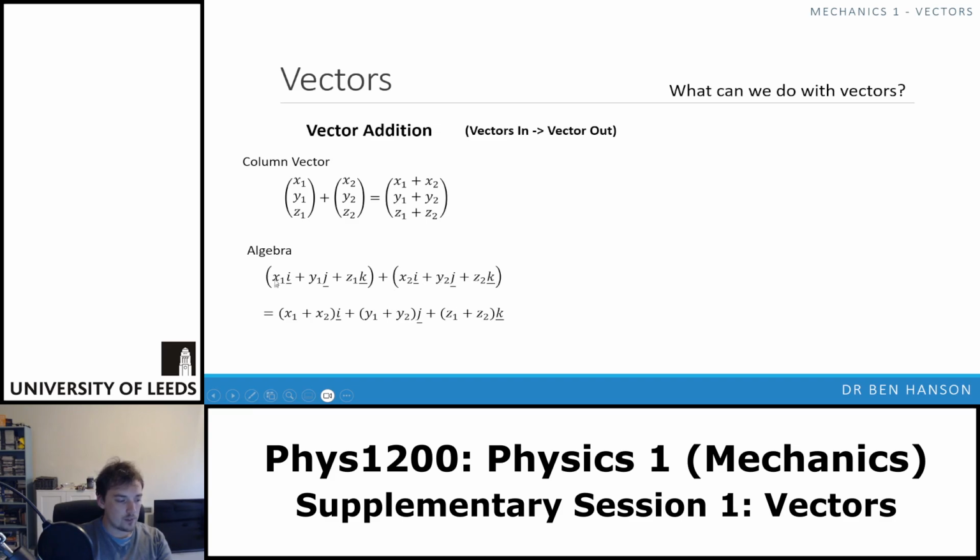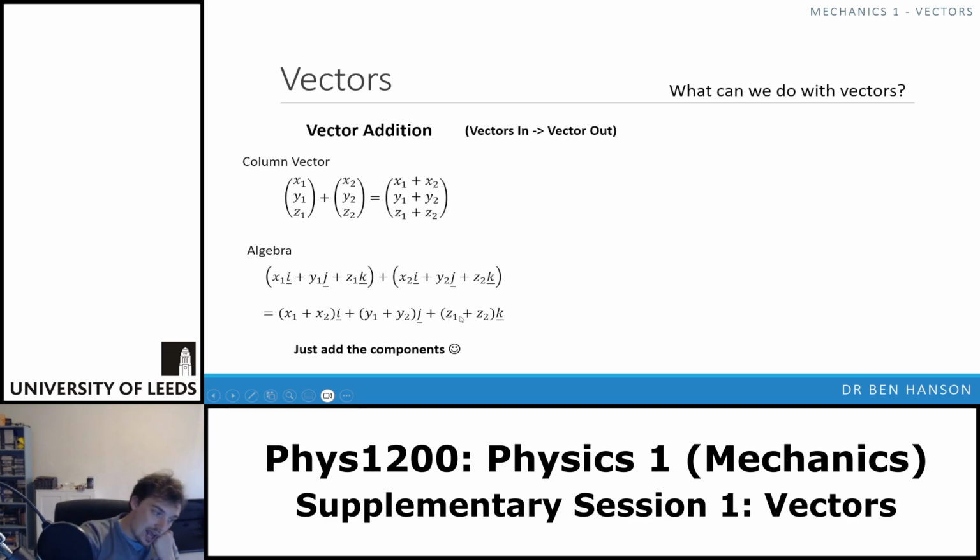If you take x1 and x2 and factor out that i vector, you'll see that it's x1 plus x2 lots of i, plus y1 plus y2 lots of j, plus z1 plus z2 lots of k. And that's why we can write it like this, because the algebra works out that way. Just add the components together.